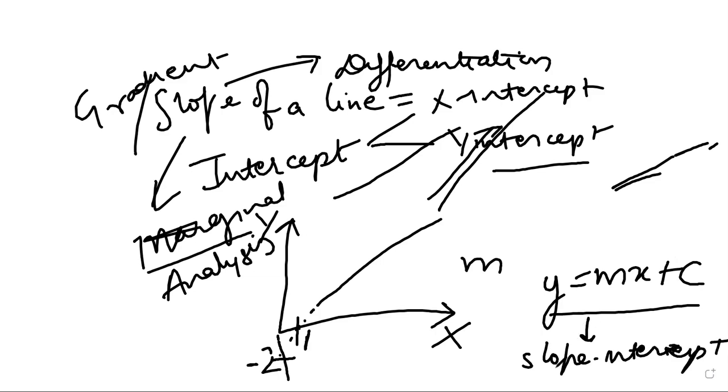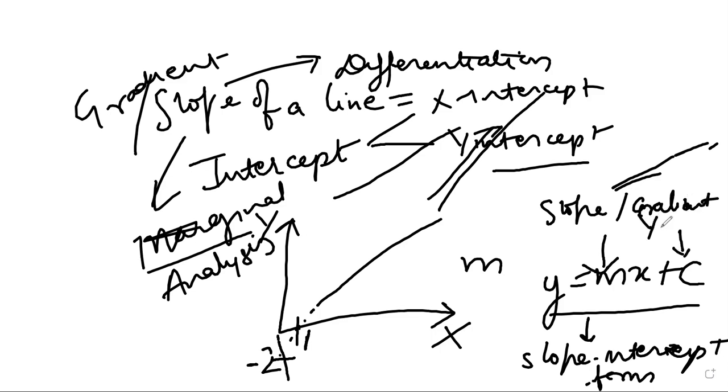Here m, we already know, is the slope or the gradient, and c is the y-intercept.